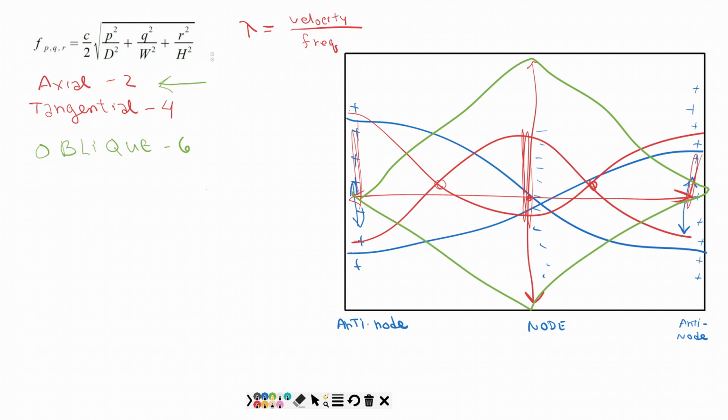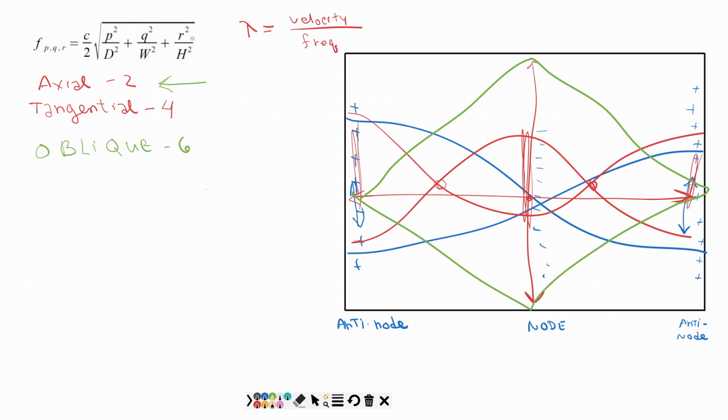And now we can talk about this equation up here. C is the velocity of sound, right? So you're either going to do maybe 1125 feet per second, or you're going to do 343 meters per second. And then over here, D, W, and H are the depth, the width, and the height of the particular room, the dimensions.